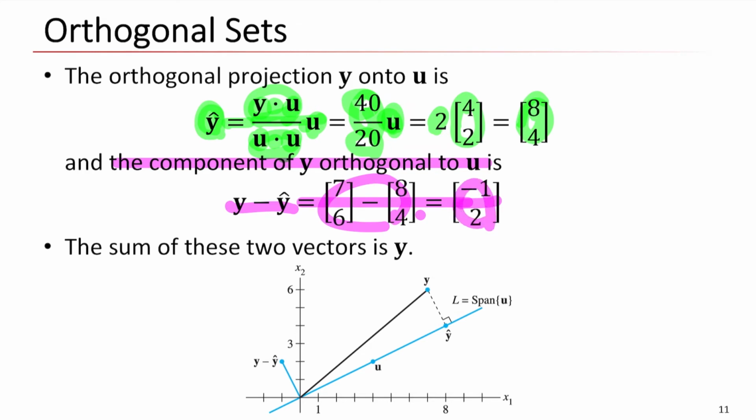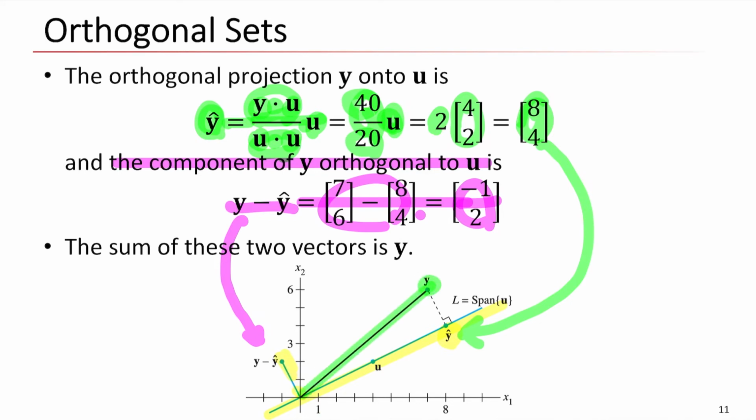So if we can draw this one, this is the span of U, right? And this is Y minus Y hat, and Y hat is here, right? So from here, Y hat is here, and Y minus Y hat is here, then Y is here, right?